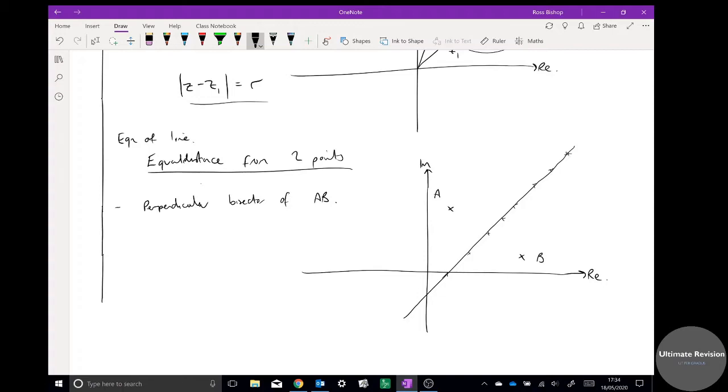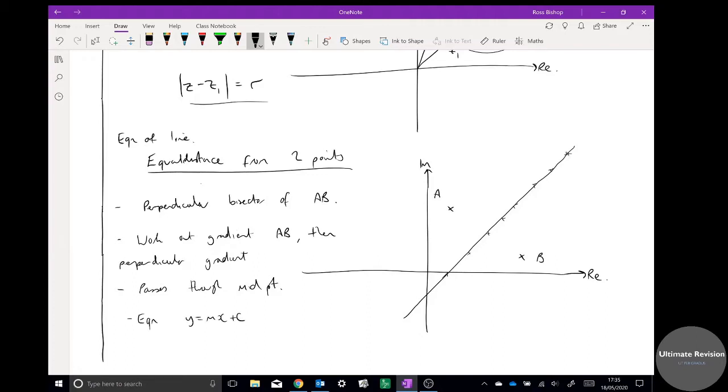Okay, so how you would do that, you'd work out the gradient of A to B, or the line that goes through AB, and then you would do the negative reciprocal, so that then gives the perpendicular gradient, and then you know it passes through the midpoint of AB, and from that information you'll get an equation in the form y equals mx plus c. We'll look at a specific example in a minute. Okay, that would just be in Cartesian, and we've done that before, no problems at all.